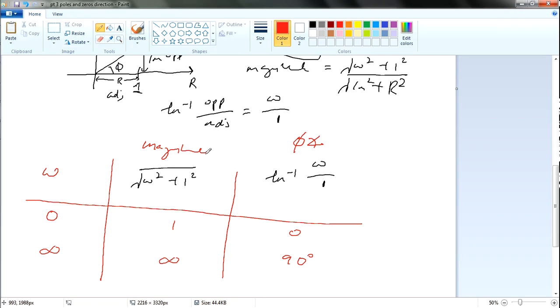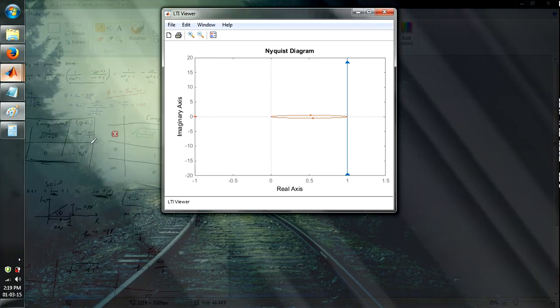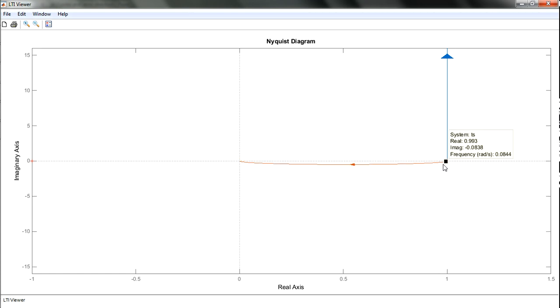Just to summarize, the Nyquist plot for a pole is this orange color. As the frequency increases for the pole, it will move towards the origin.